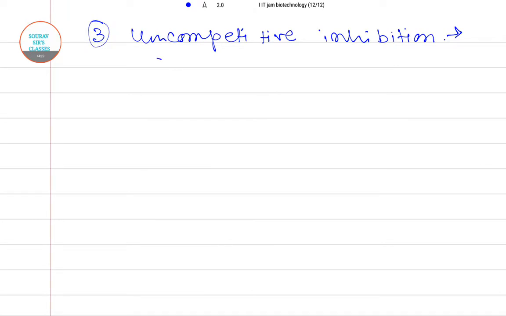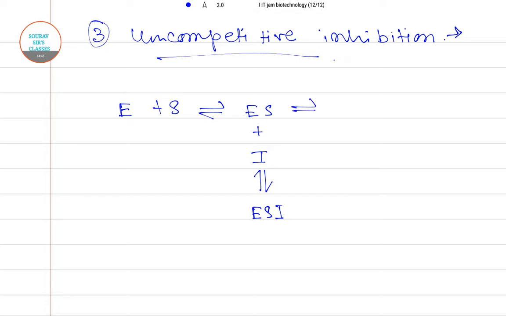Now in uncompetitive inhibition, what happens is that the enzyme binds with the substrate first, and after forming the ES complex, there is an addition of the inhibitor, so that will form the ESI complex, and from here we can also get E and P, enzyme and product separately.